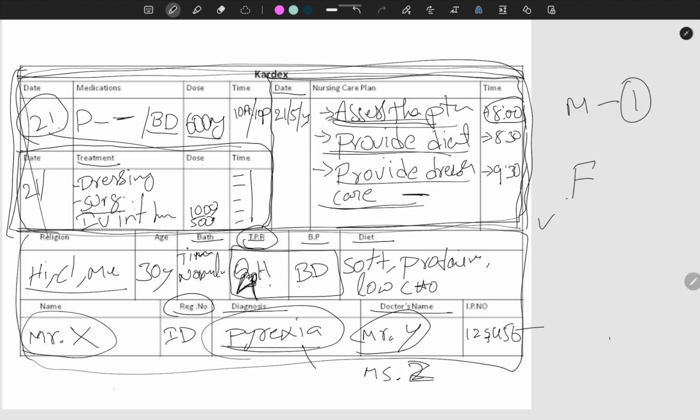In the evening, that is afternoon, another sister came and she has to take another kardex. And finally night shift, so in the night shift also she has to take the kardex form. So for each shift we have to follow the kardex form like this. Okay, so you have to write the kardex form like this.